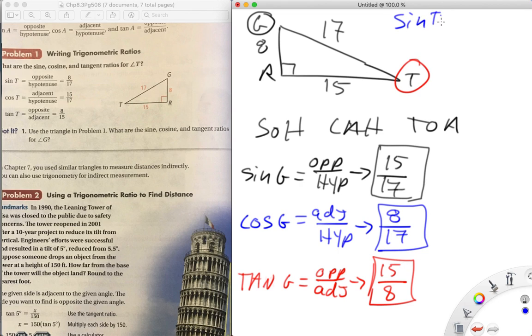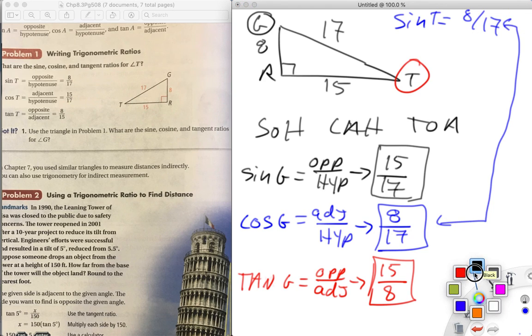Sine T, they have it for us is 8/17. Notice that the sine of T is the same thing as the cosine of G. Let's do the cosine of T. Here's T, adjacent over hypotenuse. That's 15/17.